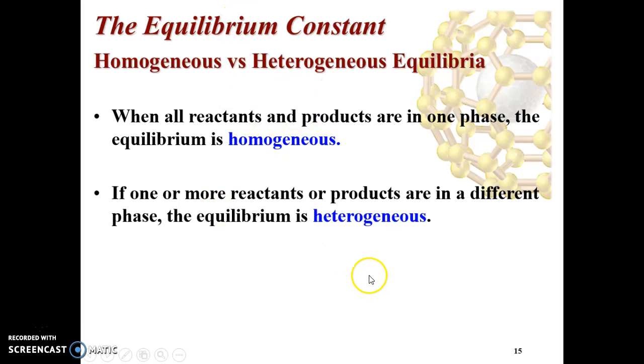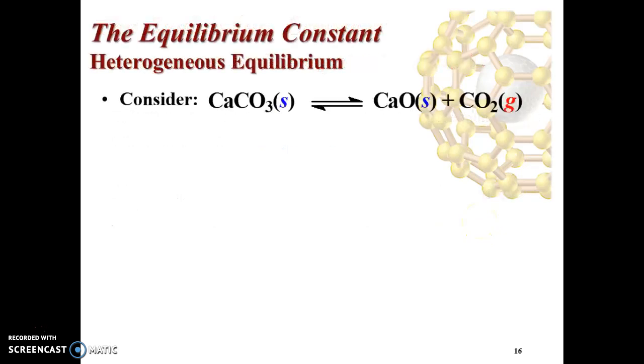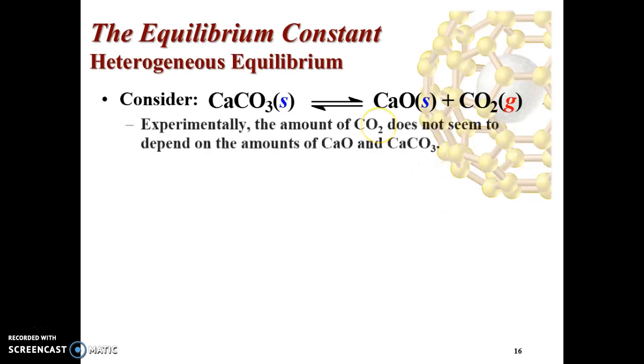Heterogeneous equilibria are a little more difficult to work with, or to consider all of the criteria that goes into it. But let's take a look at a heterogeneous equilibrium. You've got solid calcium carbonate, which will spontaneously decompose into calcium oxide, which is also a solid, and CO2 gas.